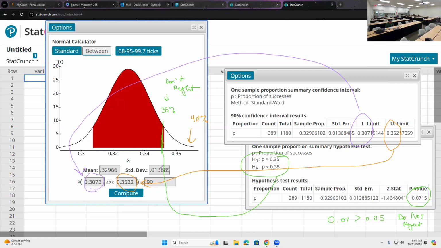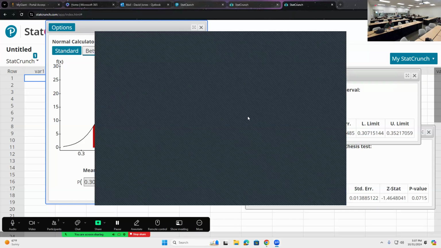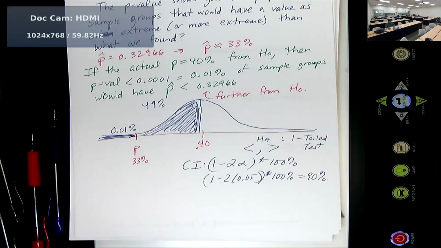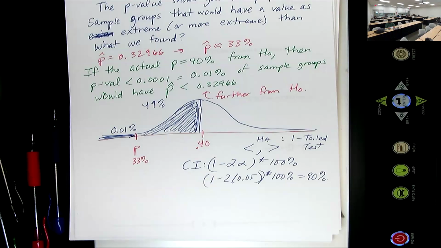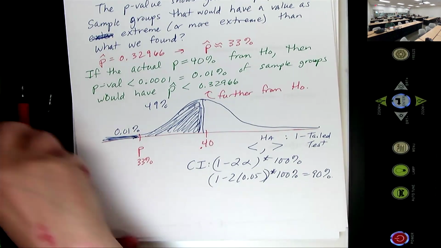Okay, back to the paper. Let me clear all that writing. Annotate off. So during the confidence interval, this is what I have on the screen.